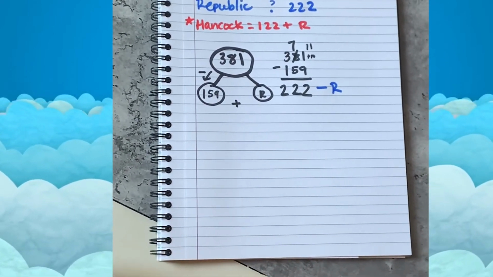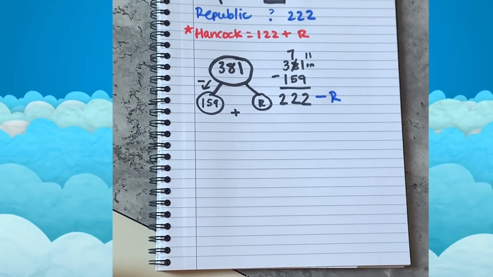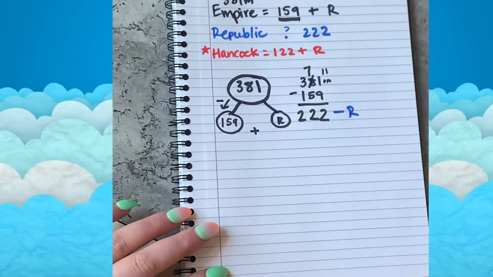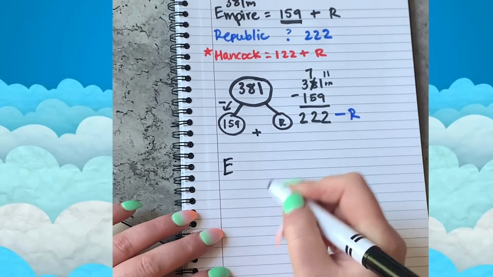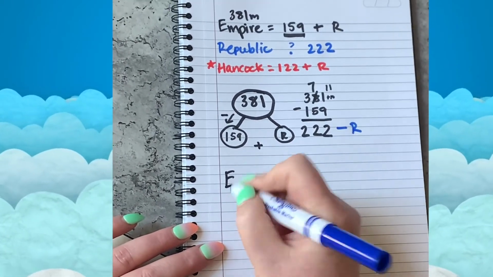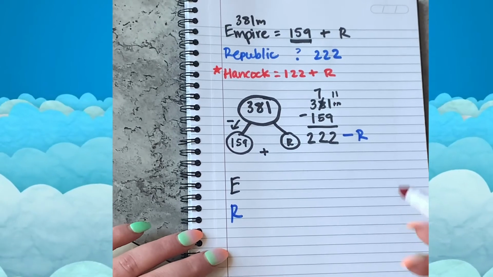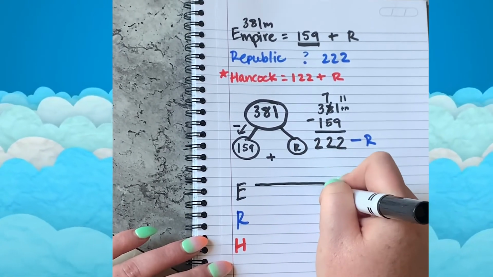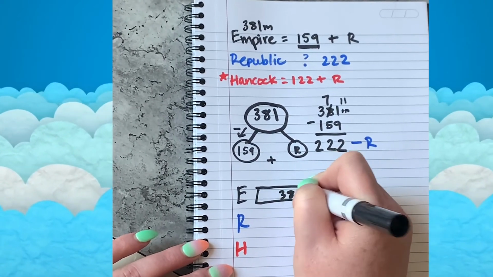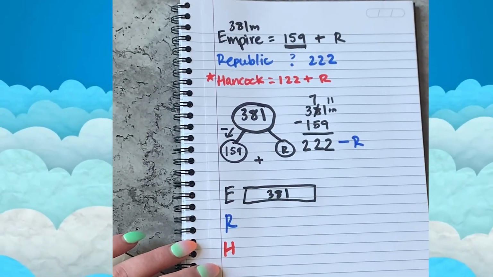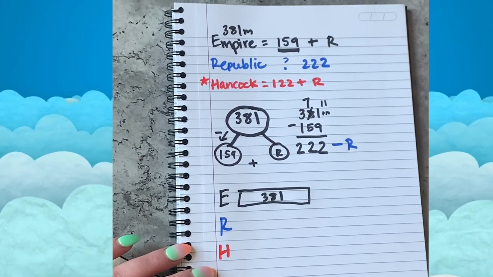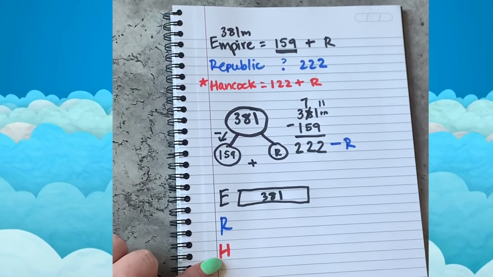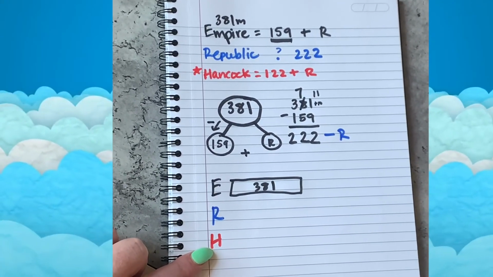Now, I'm one step closer to finding out the Hancock Building. If I know that the Empire State Building was 381 meters, and now I know that the Republic Building is 222 meters, I can easily find out the height of the Hancock Building.